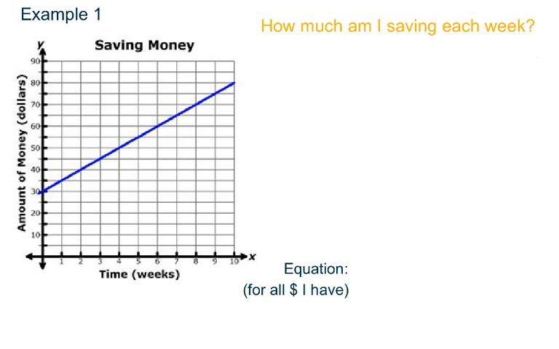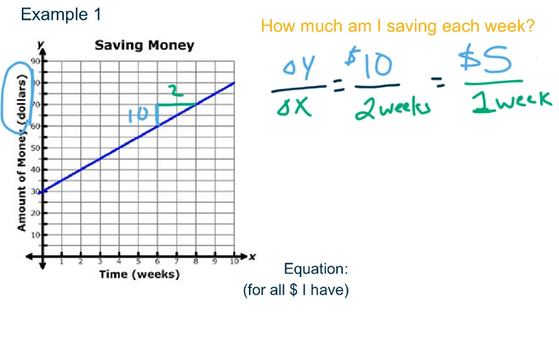So what I have to do, remember, is change of y over change of x. So this is how we would find how much money per week, our rate of change. Remember, it's change of y, like we just said, over change of x. So here I started at these 2 dots. I use the same dots I used before, but instead of doing one, I have to use both. So remember, change of y is moving up the y-axis.